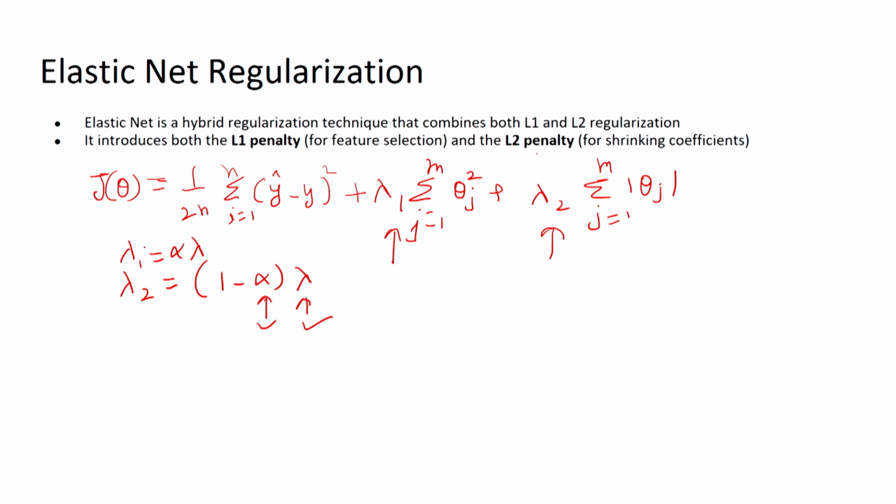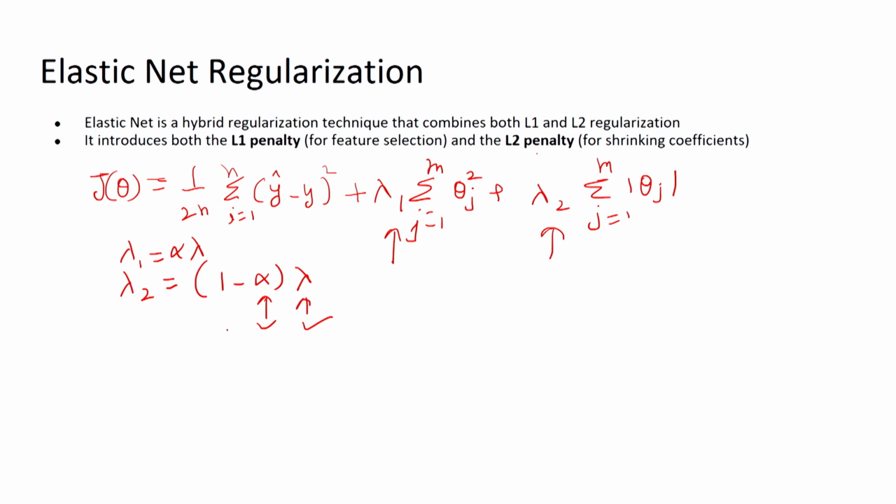If alpha is 0, then lambda 1 will become 0, and lambda 2 is lambda itself. So we are having L1 regularization in our model.